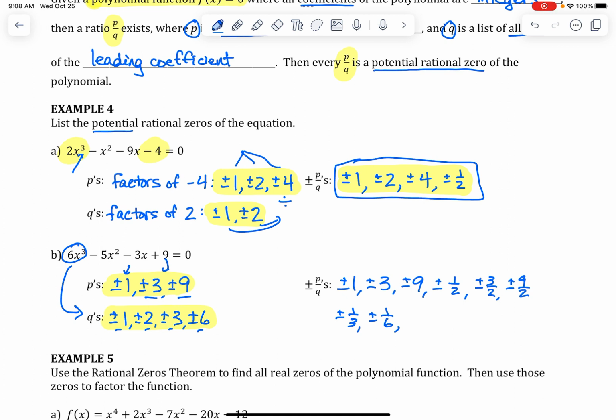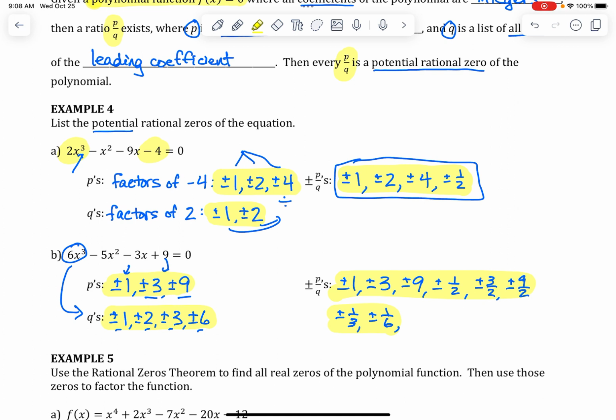And finally, 9 divided by 1, 9 divided by 2, 9 divided by 3 is 3. We reduced that, and 9 divided by 6 is reduced to 3/2. So we have all of them accounted for. So obviously there's going to be a ton of repeats, so just be careful that you don't duplicate them, but it's no big deal if you do.